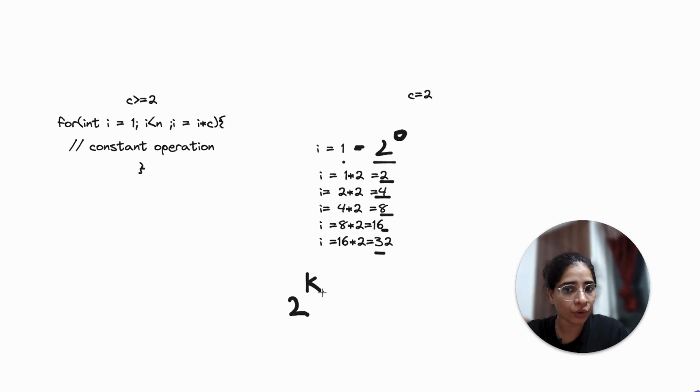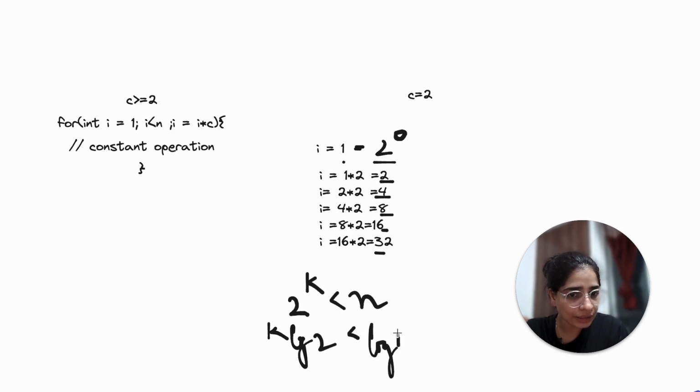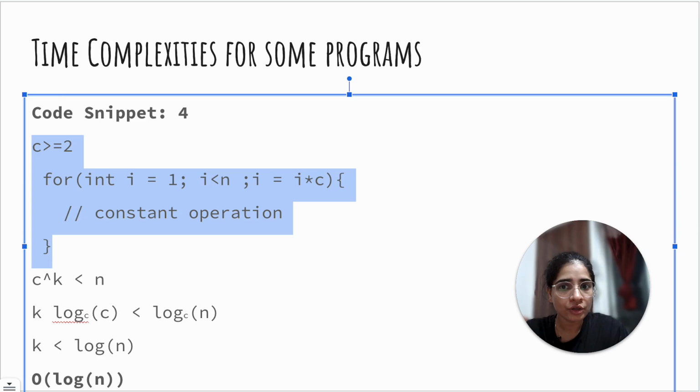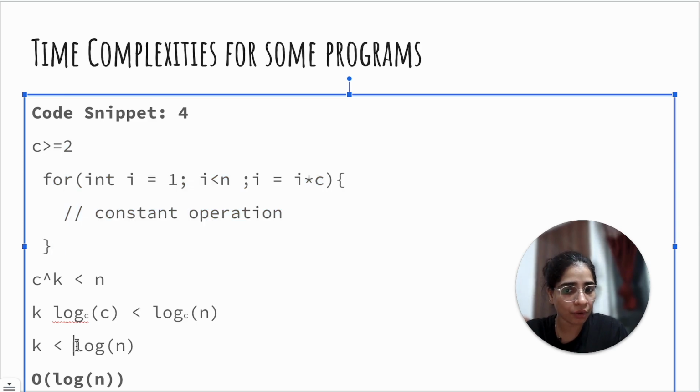The loop will keep going as long as this value is less than n, right? If I take log on both sides, then all of this will be constant, k log 2 is less than or equal to log n. So the complexity will be log n only. That's how the complexity comes out to be log n.